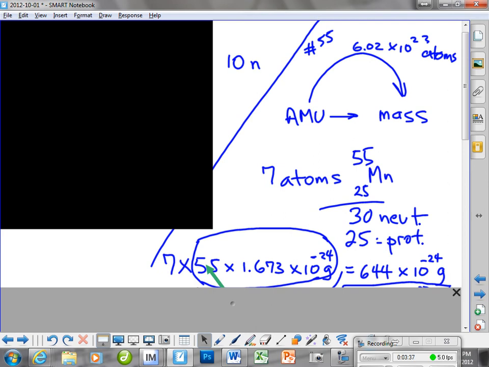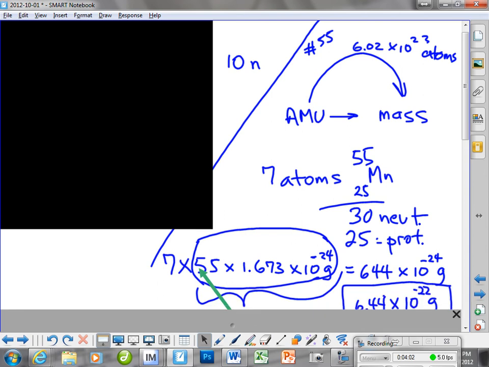So 55 AMUs, the mass number for manganese, is multiplied by this number to get the grams. If we had only 1, it would be 1.673. If we had 2, it would be double that. But we have 55.